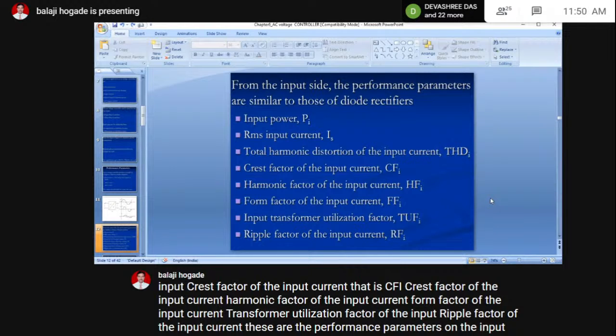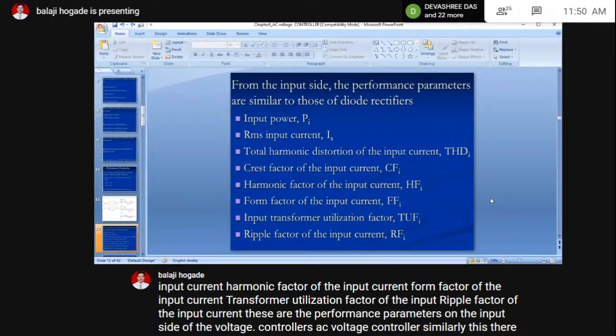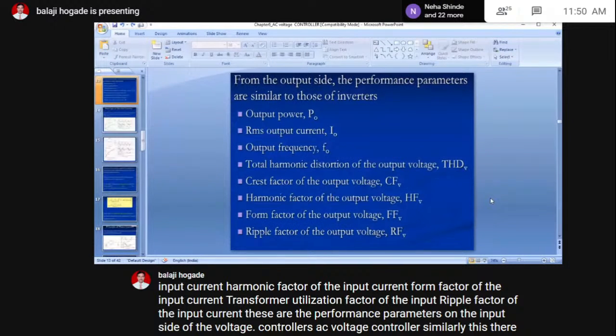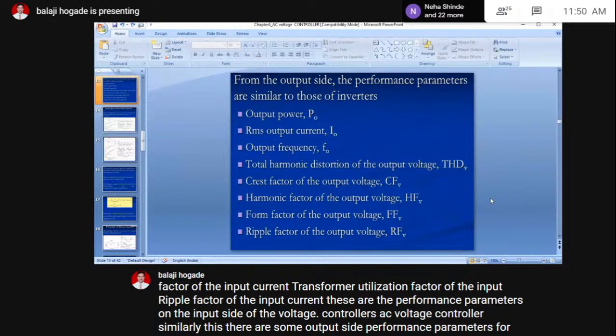Similarly, there are some output side performance parameters for these AC voltage controllers. Those are output power.